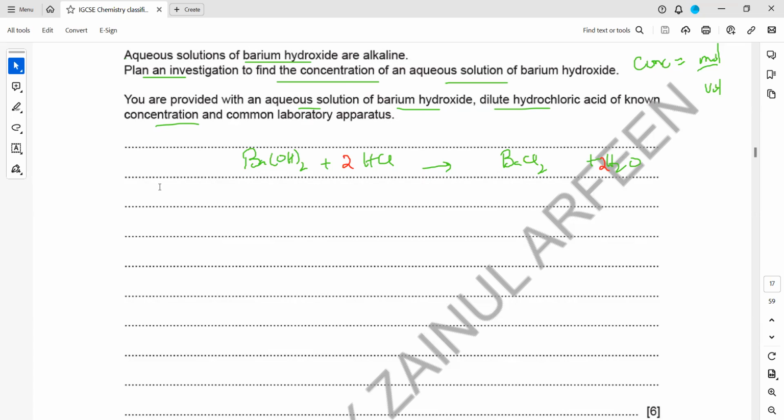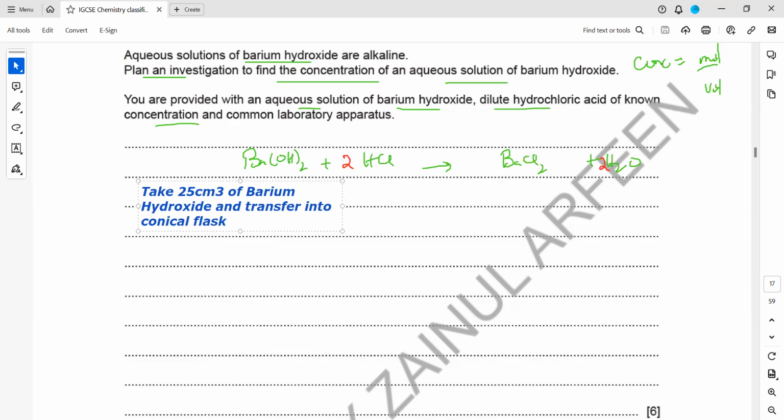Now, first, what will we do? We will, for example, take 25 cm cube of barium hydroxide and transfer it into a conical flask.